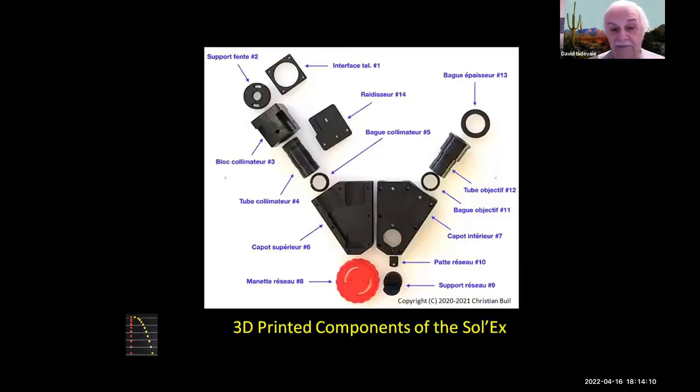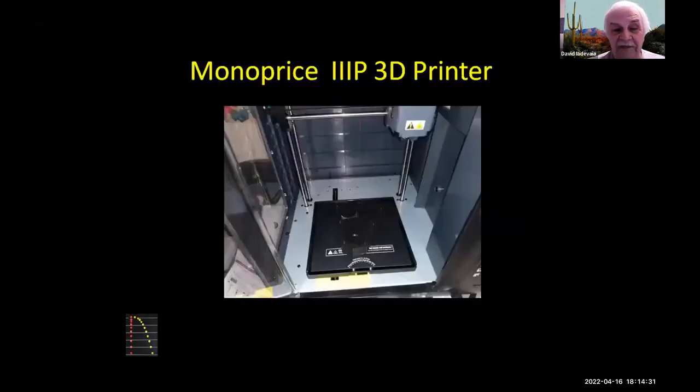These are the components that are printed, and the only thing you have to watch out for, of course, is that it's made out of plastic, and you don't want to keep that in the sun too long. But it's a pretty easy build, even for someone like me who's not very good at 3D printing. But the printer was able to do a fine job.